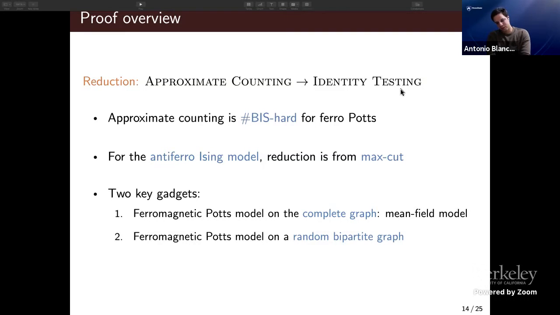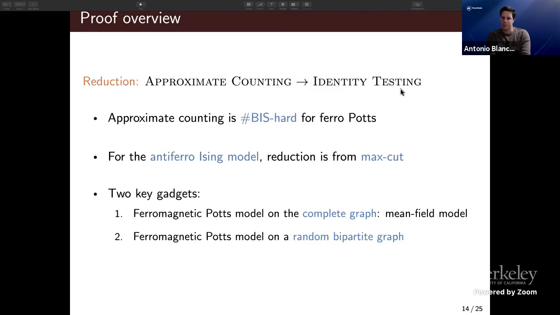This is because if you look at the antiferromagnetic model and you look at the ground states, which are the configurations with the highest probability, you see that the antiferromagnetic Ising model, when interactions are quite strong, is supported mostly on the max cuts. So there is this connection between the ground states of the model and a well-known hard optimization problem.